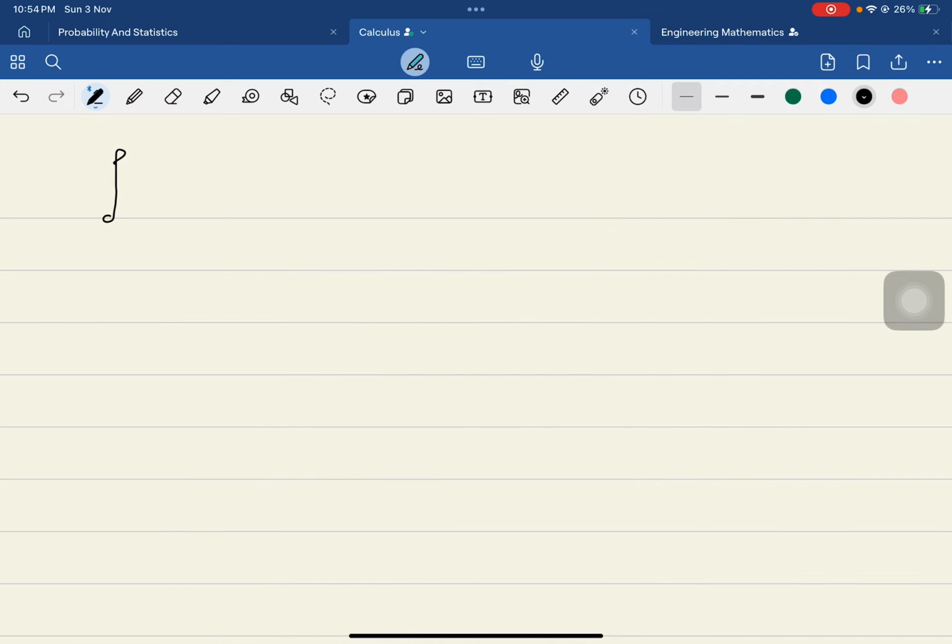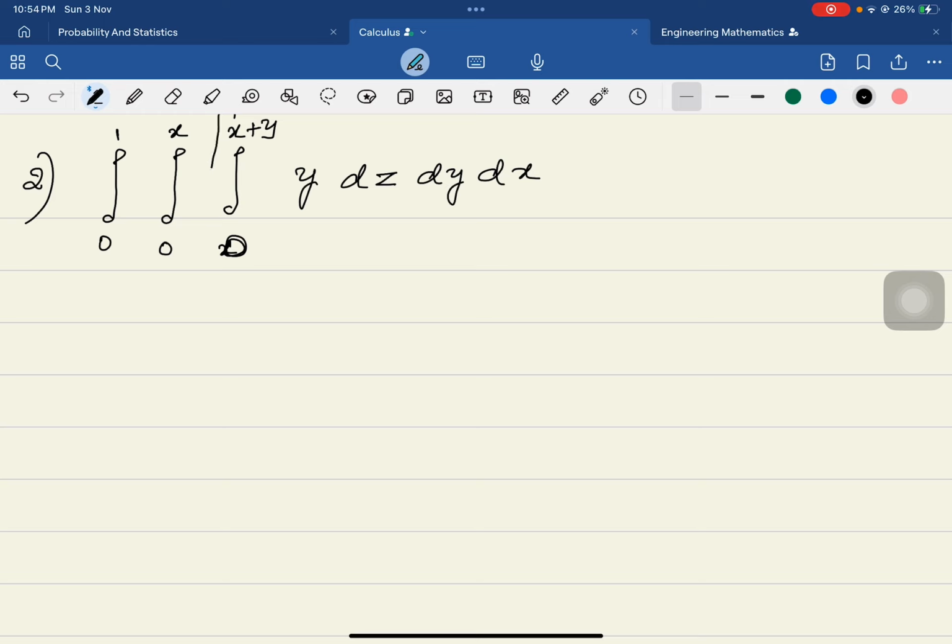Let us take this as integral from 0 to 1, and 0 to x, and then 0 to x plus y, and then it is y dz dy dx. Let us take it like this. Okay, now put the brackets.